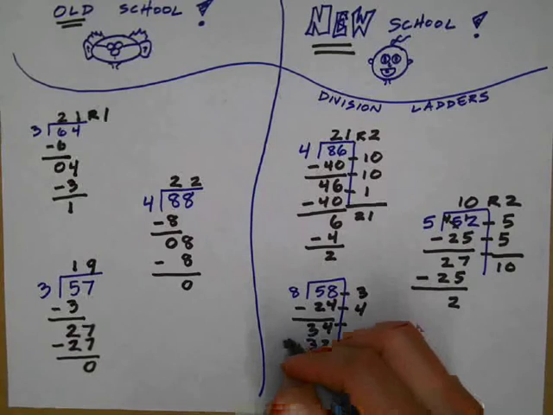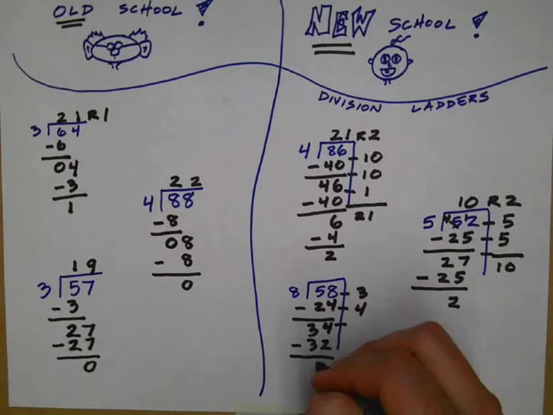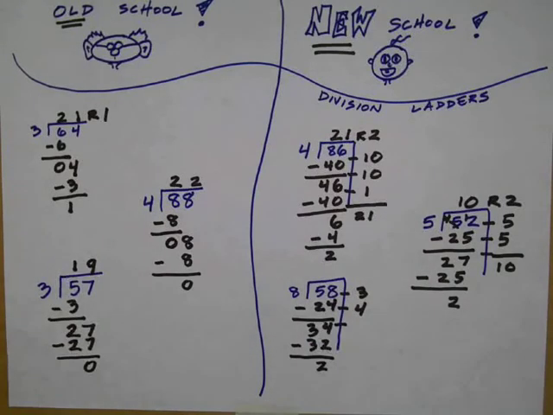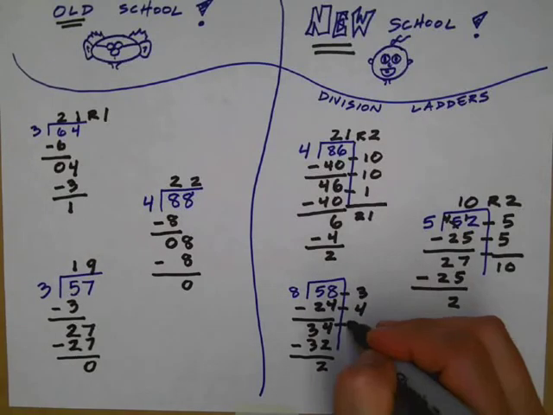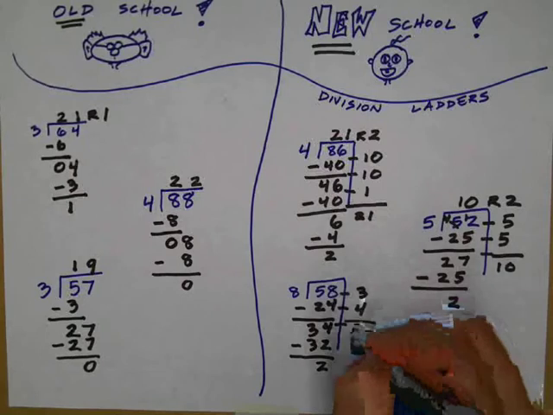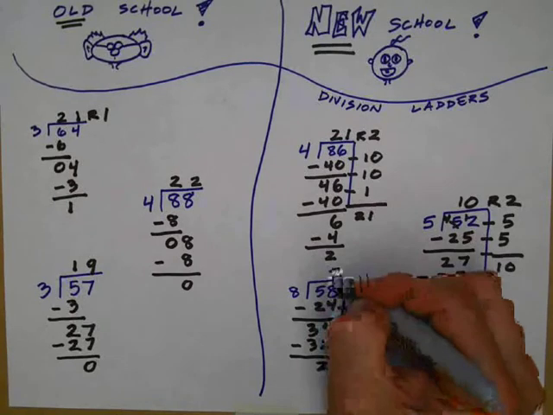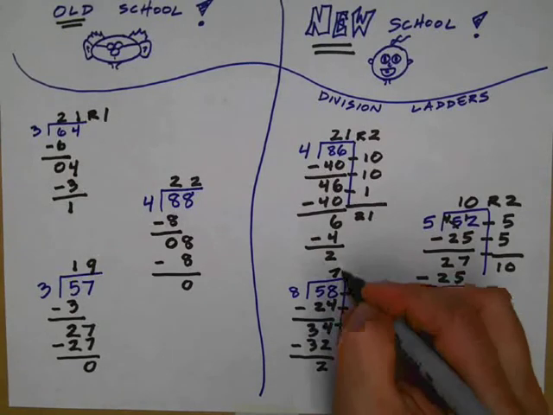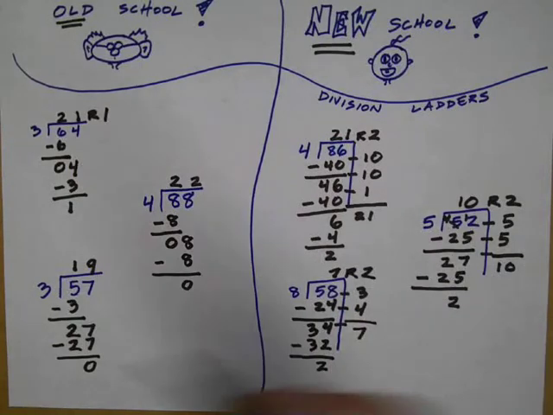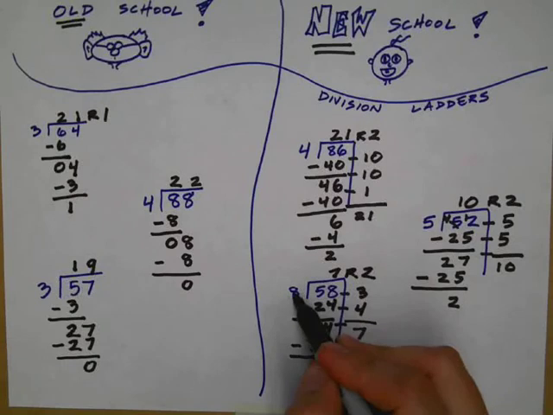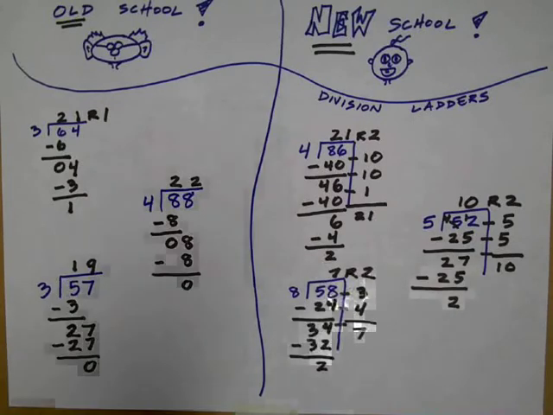So I do 8 times 4 is 32. Subtract and I get 2 left. Now I have a remainder that's smaller than my divisor over here. So I add my two guesses together to get 7. And then I have a remainder of 2. And there you go. 7 times 8 is 56, plus 2 is 58. I can check it with multiplication.